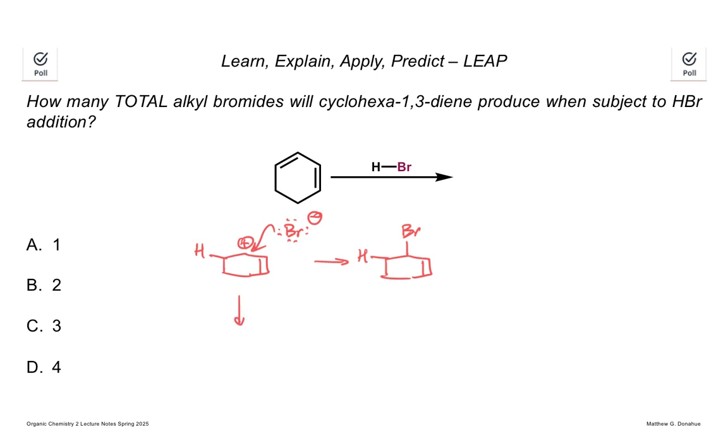If we look at the resonance form of this, and then we trap that, we can see that based on the starting material having no other substituents on the pi bonds, we do end up with the same thing.